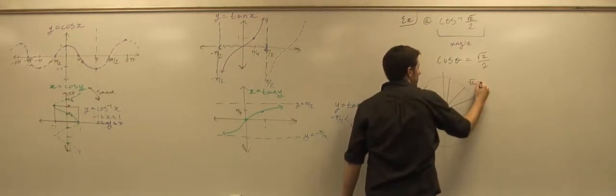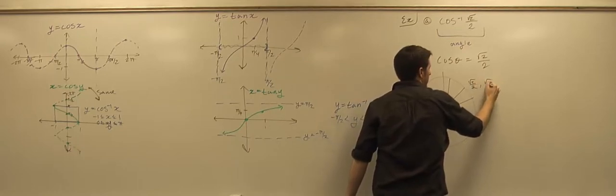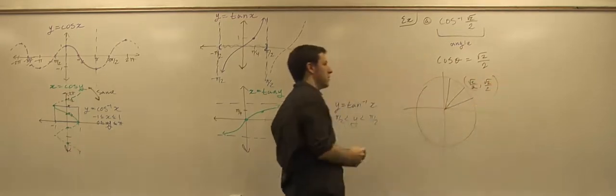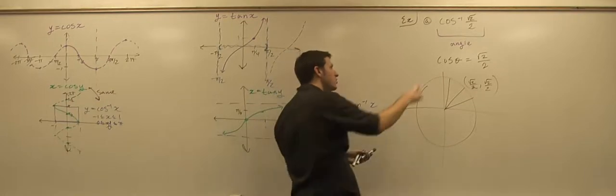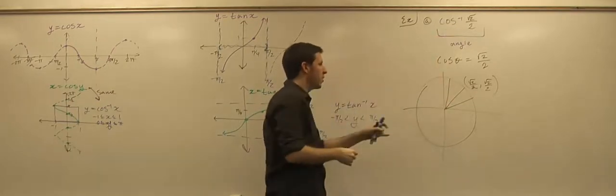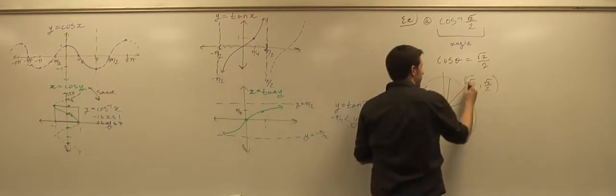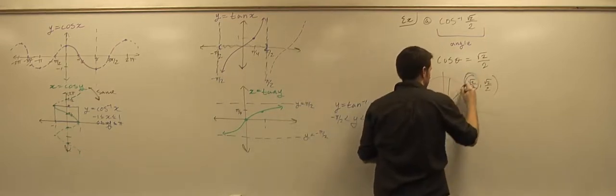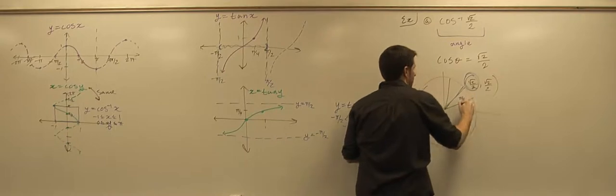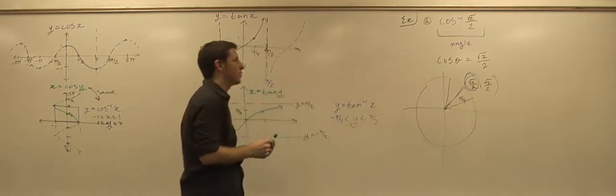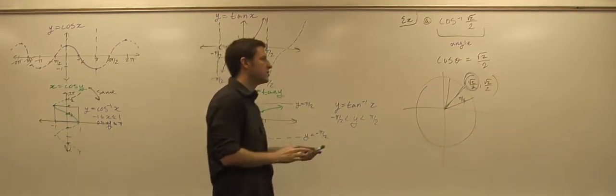You know root 2 over 2 is here. Because it's cos inverse, we're looking for an x value. Cos inverse is going to look for an x value of root 2 over 2. So this is your reasoning for why cos inverse of root 2 over 2 is pi over 4.